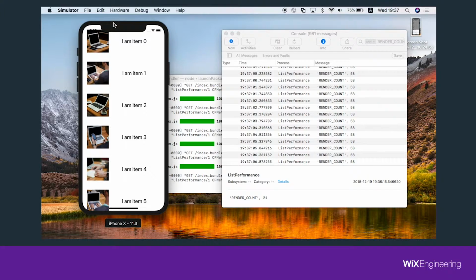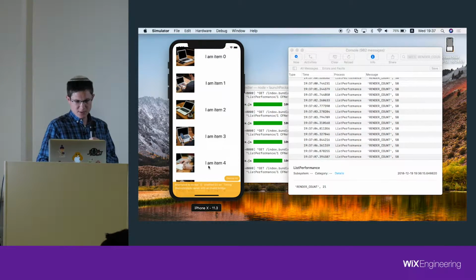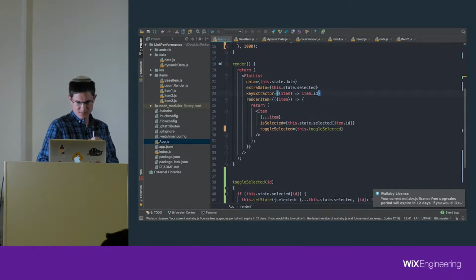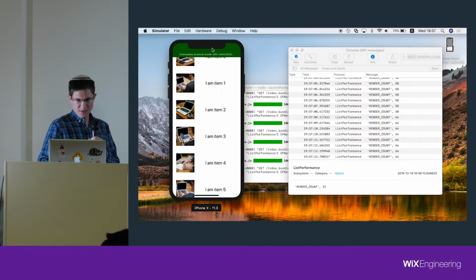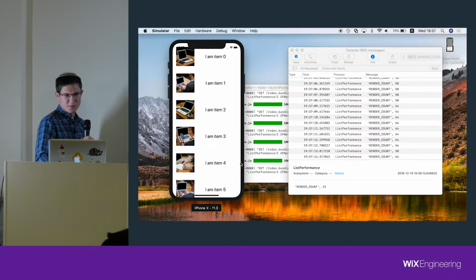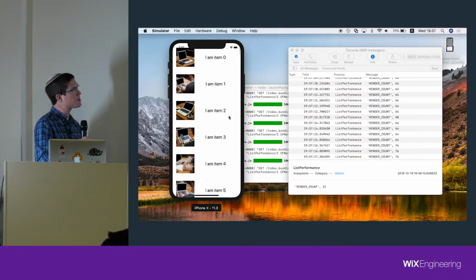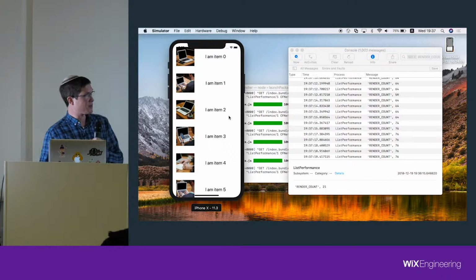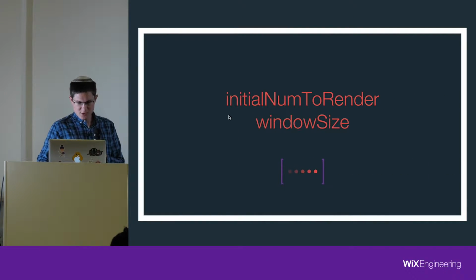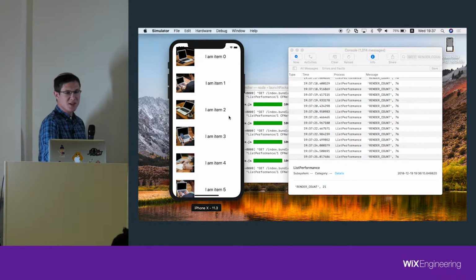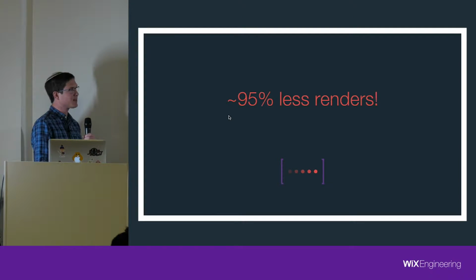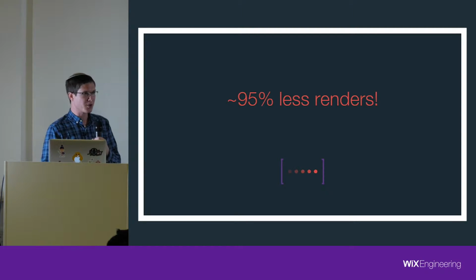If you don't have that, then straight away at the beginning, you start seeing more items than you need, and you can cut that down to help that extra little bit. So you can cut your renders in orders of magnitude, by 95%, from thousands to just dozens, just by a few extra lines of code and thinking.